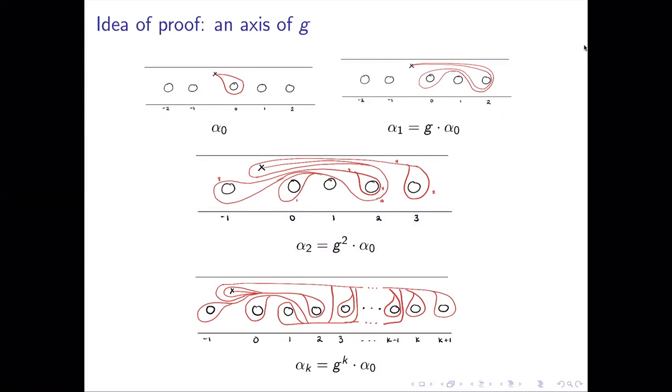And understanding and controlling what backtracking can happen when you apply handle shifts, or more generally compositions of handle shifts, is the most technical part of the paper. And that's a tool that we use. We need to be able to understand that backtracking to show that we actually get a quasi-geodesic axis in this case.